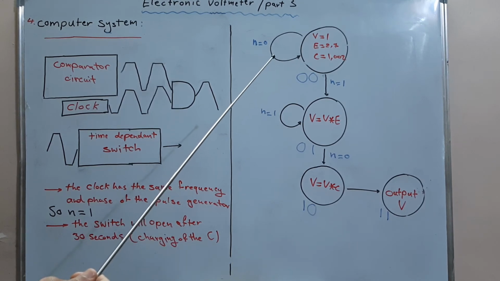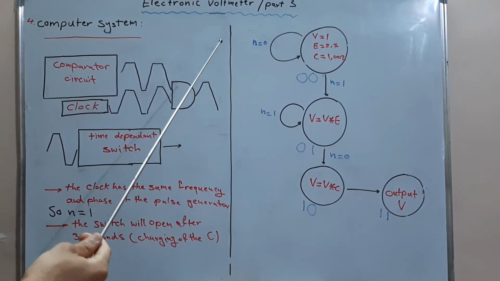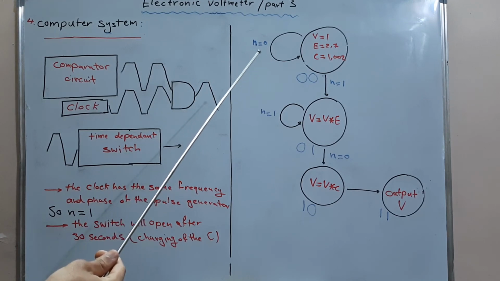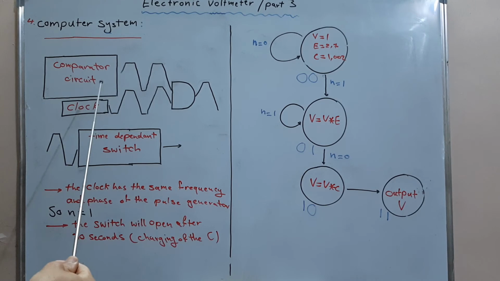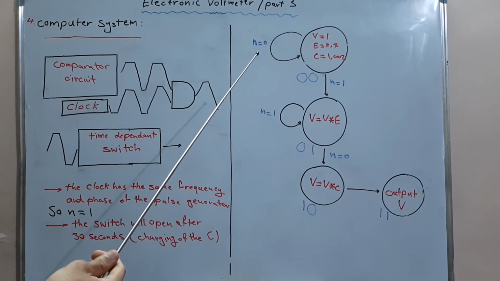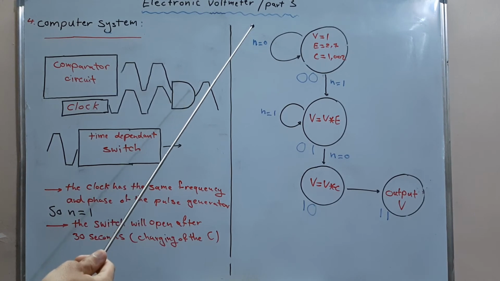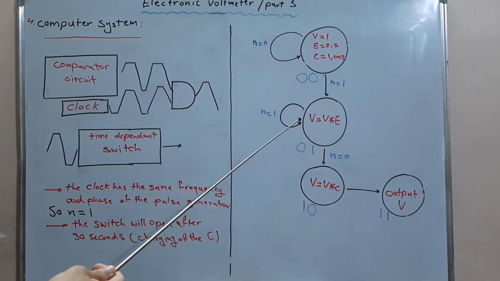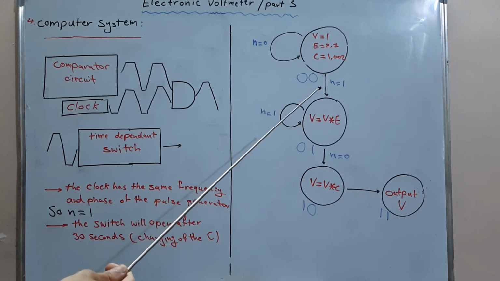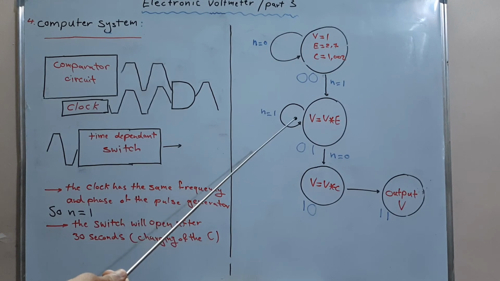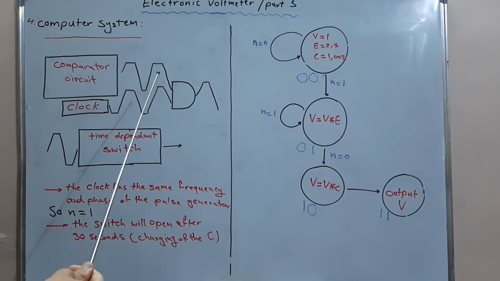The first state will return to itself when n is equal to 0, and that means it will return to itself when there are no pulses from the comparator circuit, and during that time the capacitor of the base circuit is charging, and it will go to the next state when n is equal to 1, and that means it will go to the second state when there are pulses from the comparator circuit.